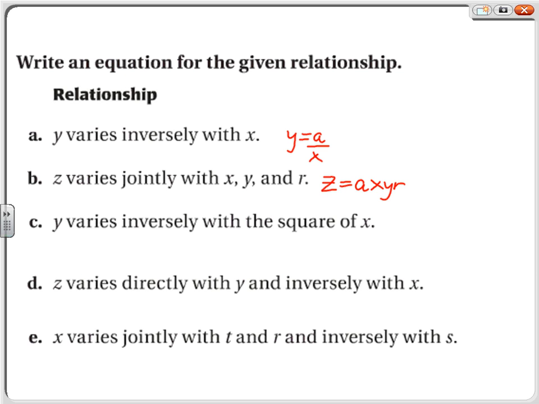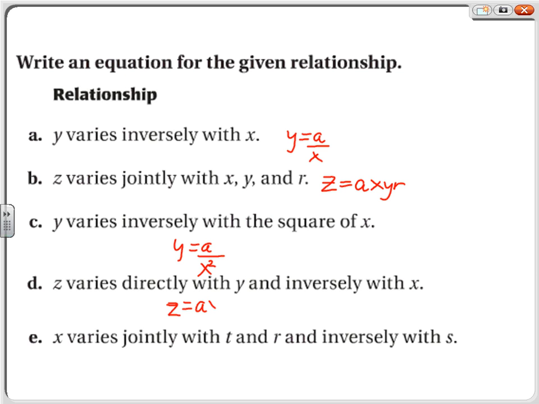C says y varies, so I have y equals a. Inversely, so I'm going to divide with the square of x, not the square root, but the square would be x squared. And z varies directly with y, so I have z equals a.